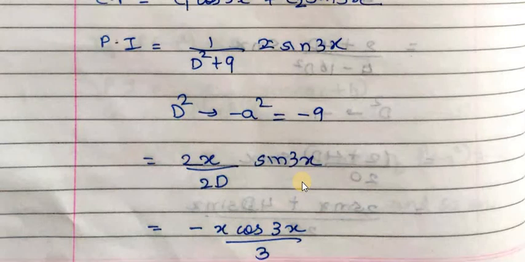1 upon D is integration, because differentiation and integration are inverse of each other. If D is differentiation, then 1 upon D is integration. So 1 upon D of sin 3x will be the integration of sin 3x with respect to x.